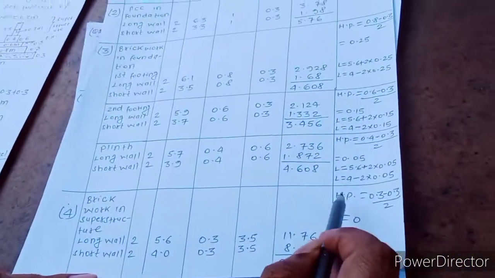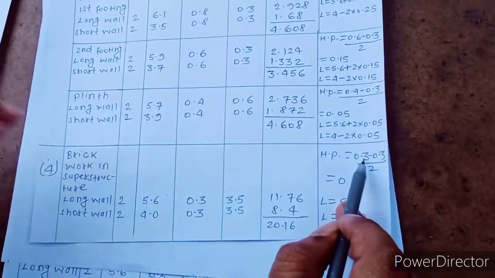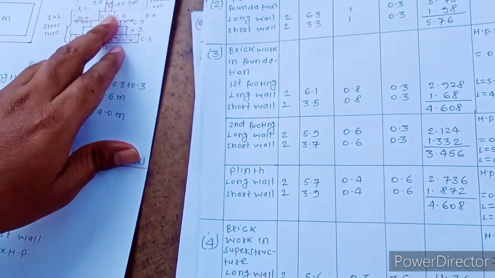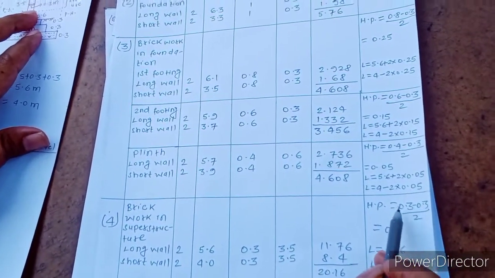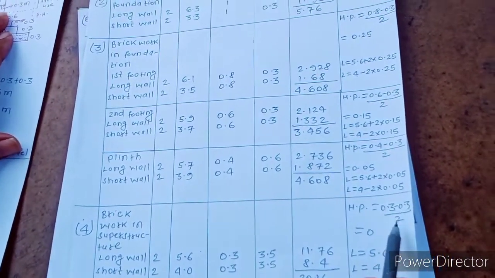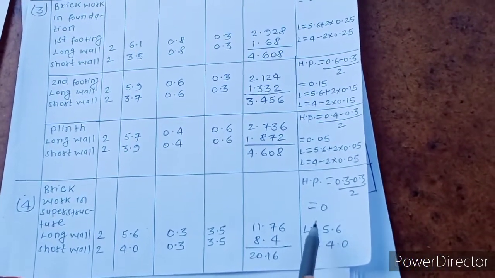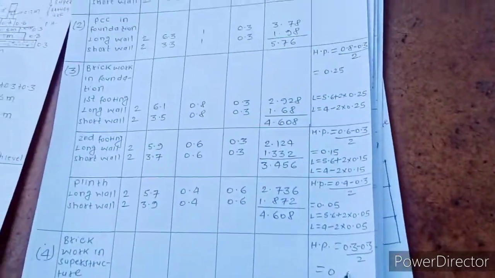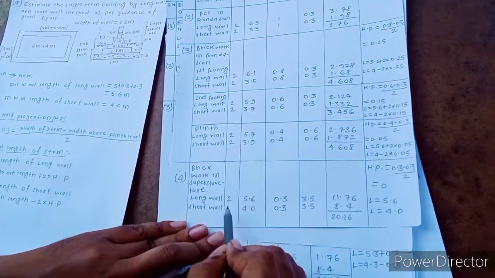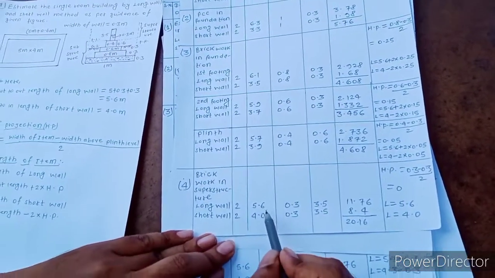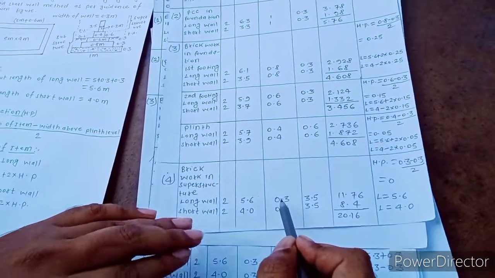Here the half projection: this wall is 0.3, and the width above plinth level is also 0.3, so 0.3 minus 0.3 divided by 2 becomes 0. So half projection is not subtracted or added in this superstructure wall, because this is the final, least breadth of wall in this structure.